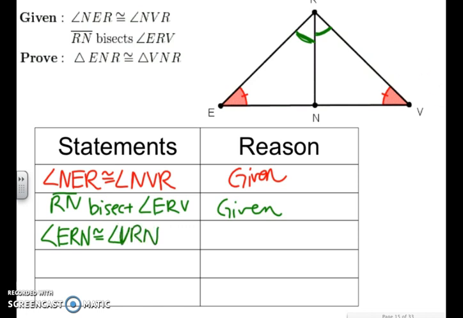Okay, so again, if you've got a bisector, it's going to split the angle in half. So I named it ERN and then VRN. Okay, why can I say that? That's the definition of a bisector.